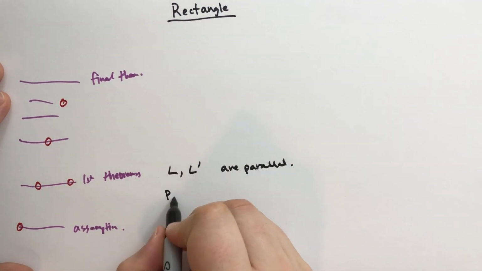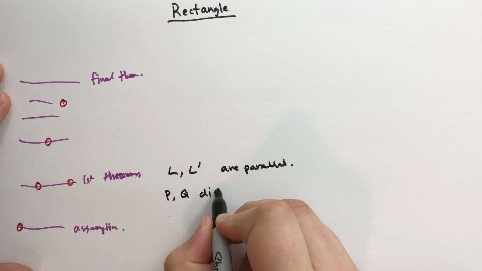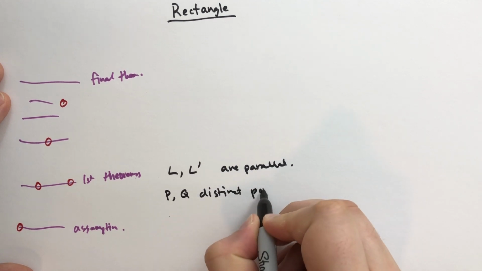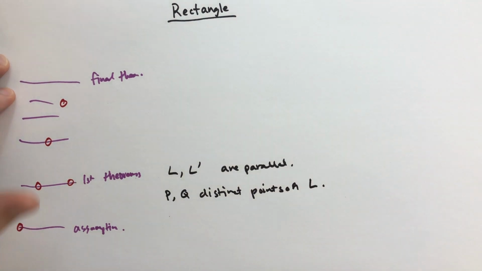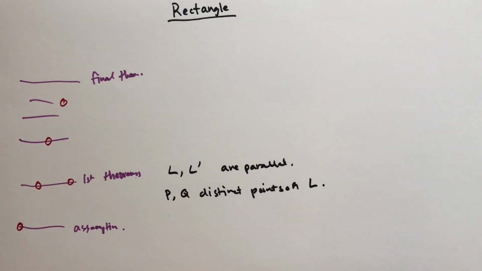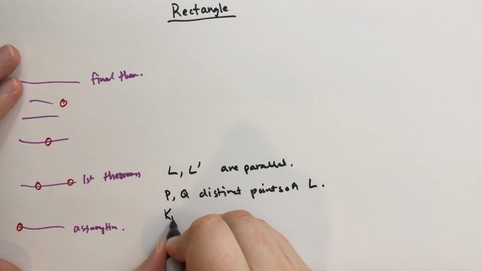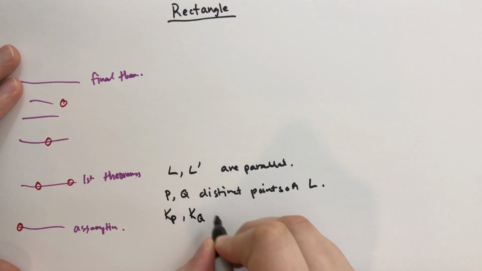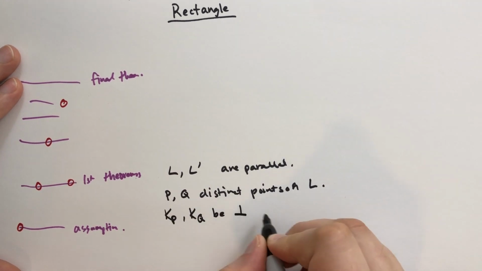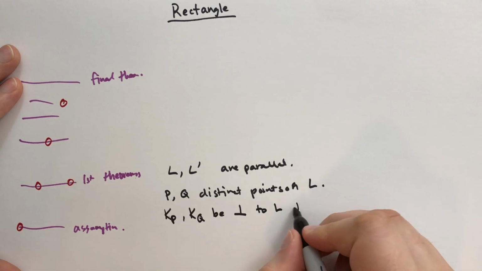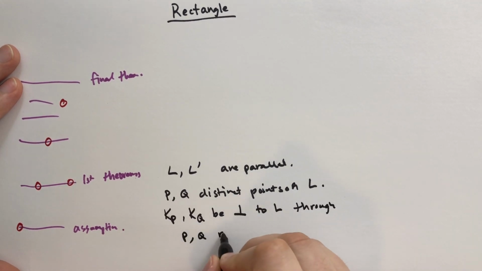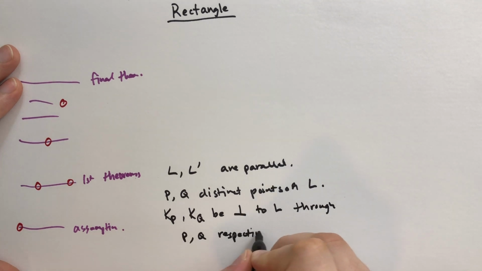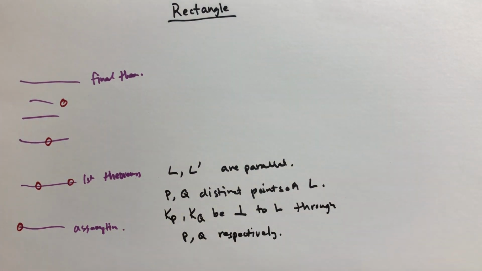Then we have points P and Q, distinct points on L. Then we have KP and KQ be perpendicular to L through P and Q respectively. What does that look like?